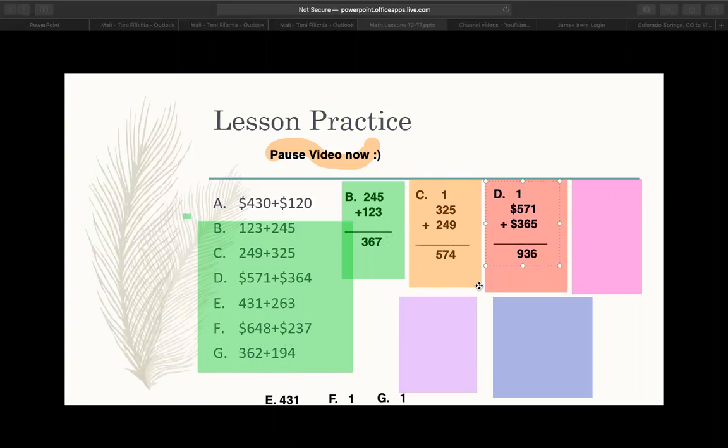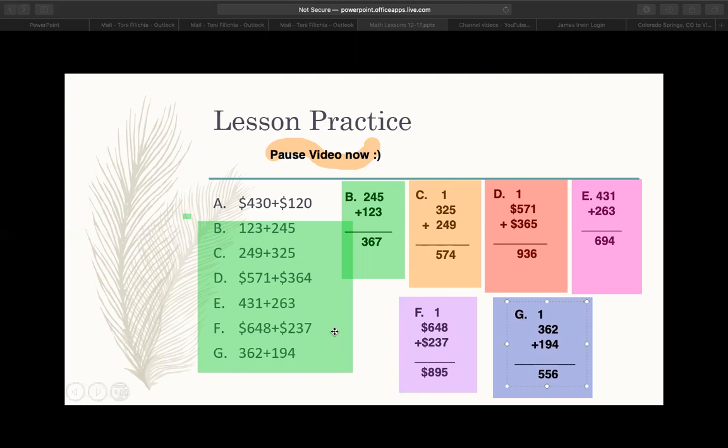And for number D, 936 is our answer. If you got that right, awesome job. Number E, 694. Number F, $895. And G, 556.